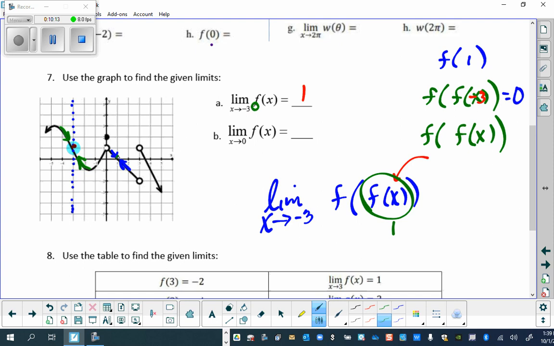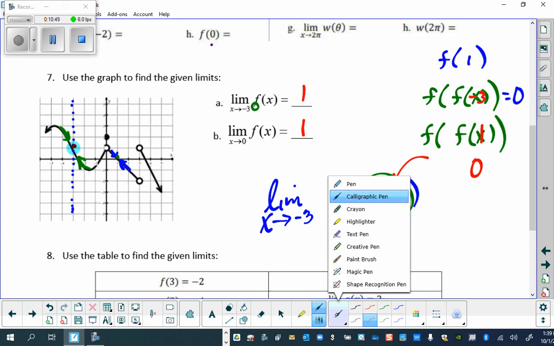So we can do the same thing here. As x approaches 0, my limit is equal to 1. That's the easy one. Let's come over here and do the hard one. As x approaches 1, that gives me an output of 0. Should I say that backwards? As x approaches 0, it's 1, and as x approaches 1, it's 0 again. Aren't you supposed to plug in the 0 for x? Let me make sure.